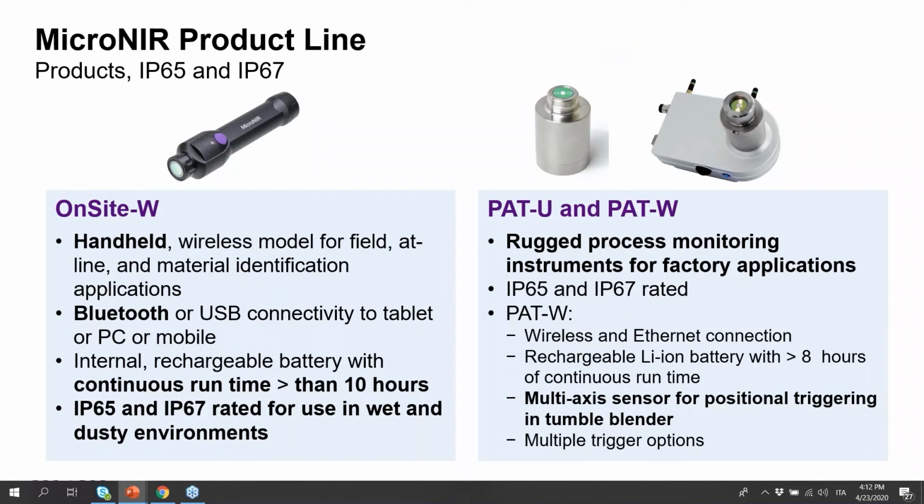We have the OnSite-W, a Bluetooth handheld device with a lithium battery inside that can work up to 10 hours and is IP65 and 67 rated to be used in wet and dusty environments. On the other side, you have the PAT-U and the PAT-W, two process systems by design, IP65 and 67 rated, that are normally used for pharmaceutical applications.